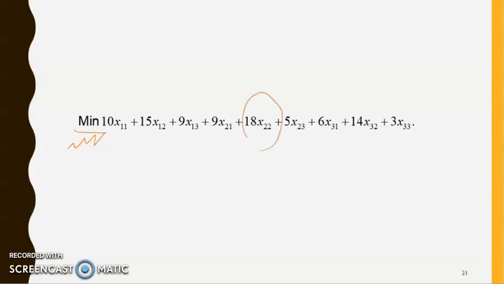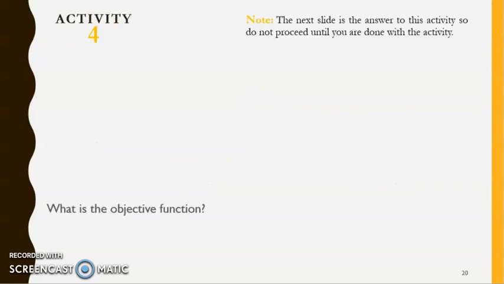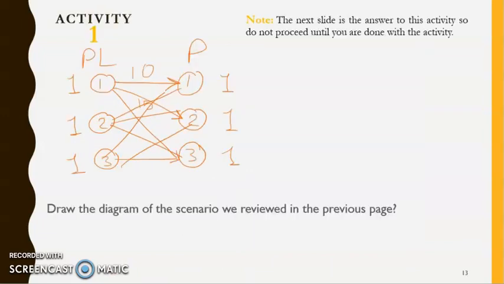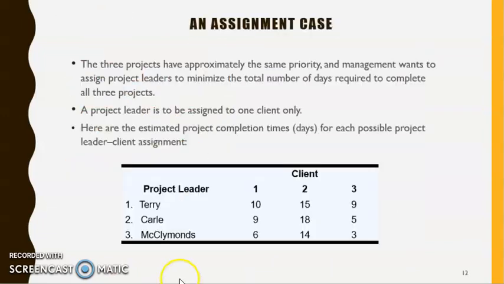Let's check, for example, this one. It says if you assign project leader 2 to project 2, it would take 18 days. Let's check it together. If you assign project leader 2 to project 2, you have that 18.